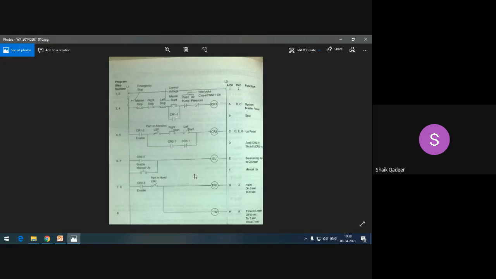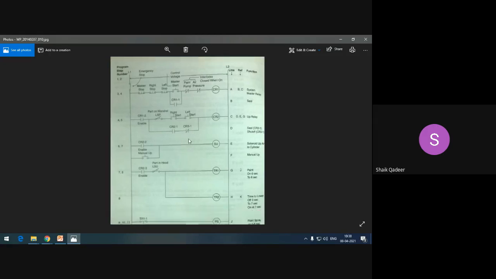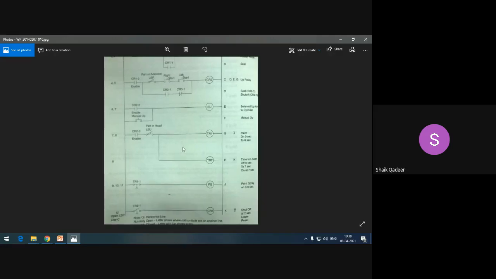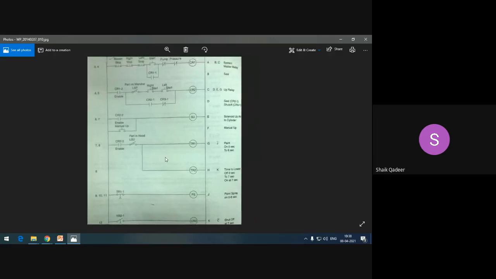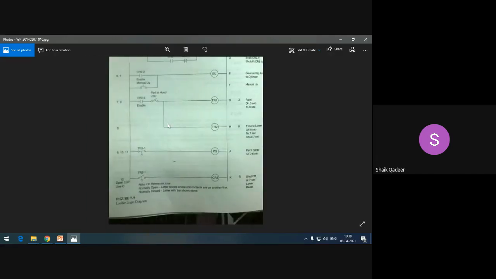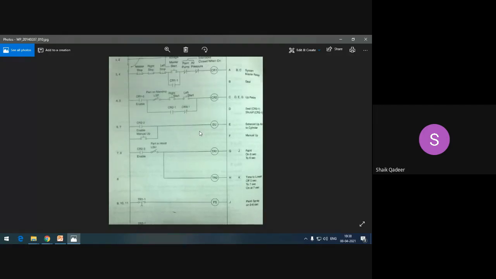Do you know where this CR3 is available? CR3 is available over here. That is the last logic. That also we want to keep over here, and not for a yes condition, but for a no condition.